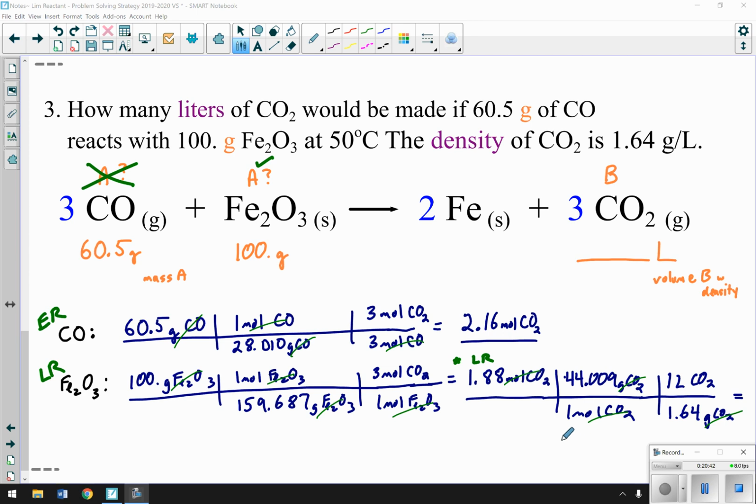And then we divide by the density in order to get liters. If you complete the math, we would find that if we took 60.5 grams of carbon monoxide, reacted that with 100 grams of iron 3 oxide, which now we know is our limiting reactant, we would make 50.4 liters of carbon dioxide.